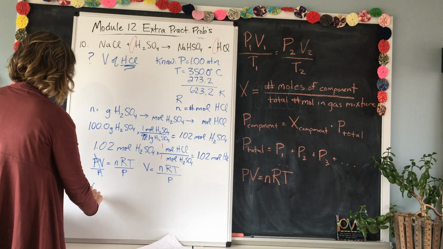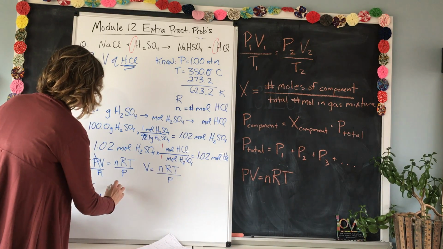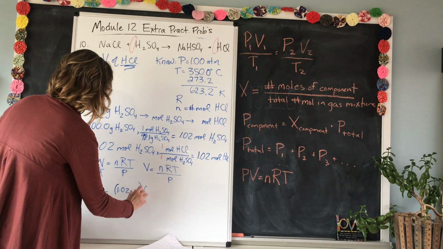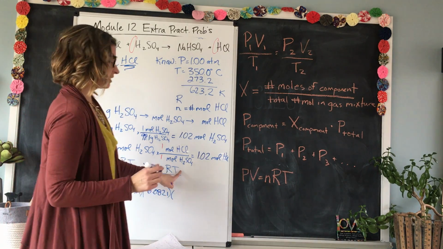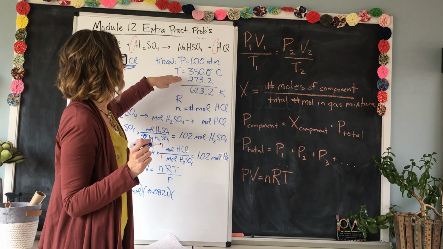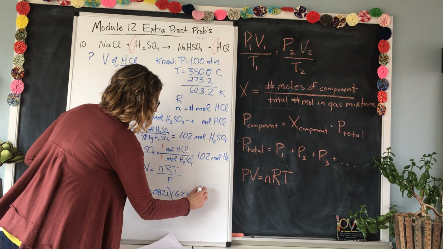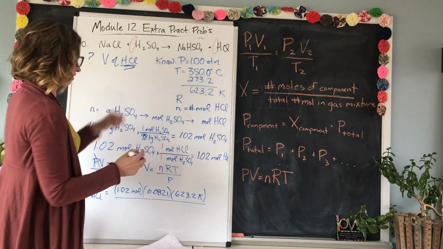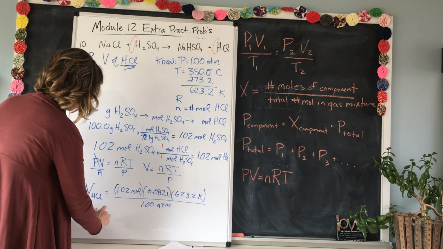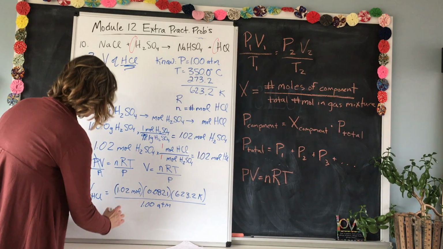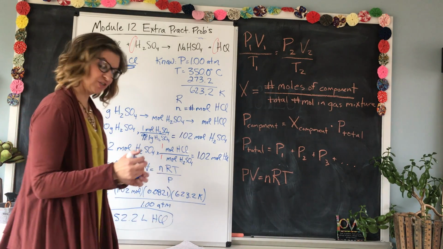The volume for HCl is going to be equal to the number of moles of HCl, which is 1.02 moles, times R, which is a constant, 0.0821, times the temperature of the HCl gas, which is 623.2 Kelvin, divided by the pressure of HCl, which was 1.00 atmospheres. If I multiply that out, I will get 52.2 liters of HCl. And that's how you do number 10.